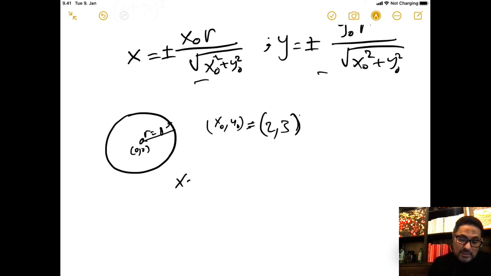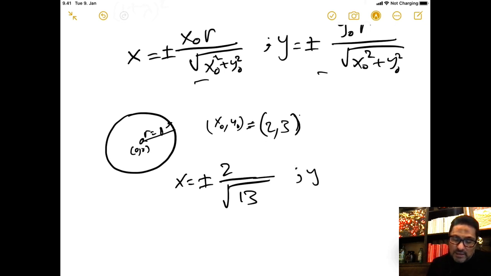So x will be plus or minus x0, which is 2, times r, the radius is 1, is 2, then divided by square root of 4 plus 9. 4 plus 9 is 13. Okay, and y will be also, this will be y0 is 3 divided by square root of 13.